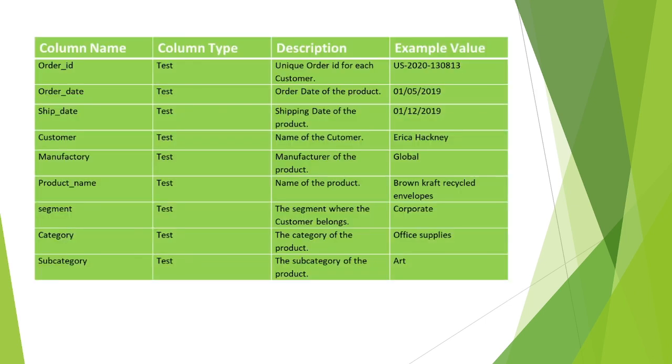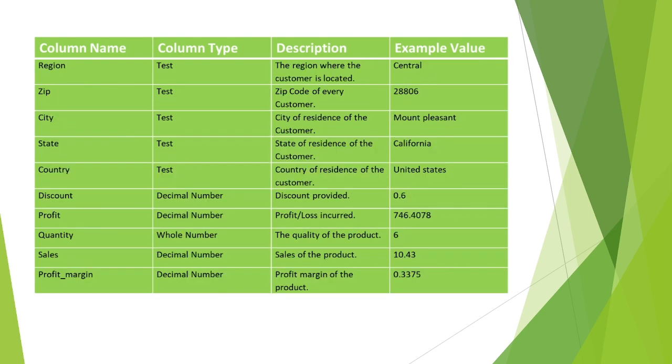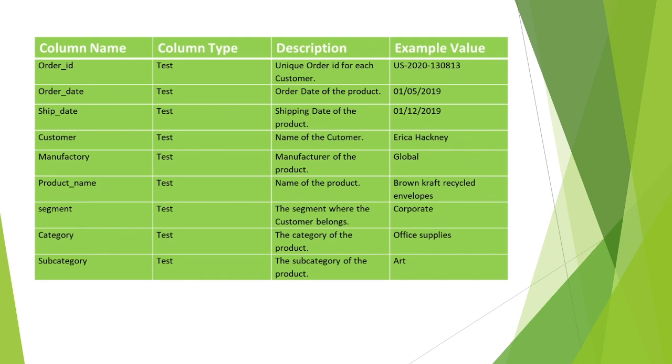Here is the data overview for column names one by one. Order ID, order date, ship date, customer, manufacturer, product name, segment, category, subcategory, region, zip, city, state, country, discount, profit, quantity, sales, profit margin. These are the column names and these are the column types. There are two mistakes in column type.